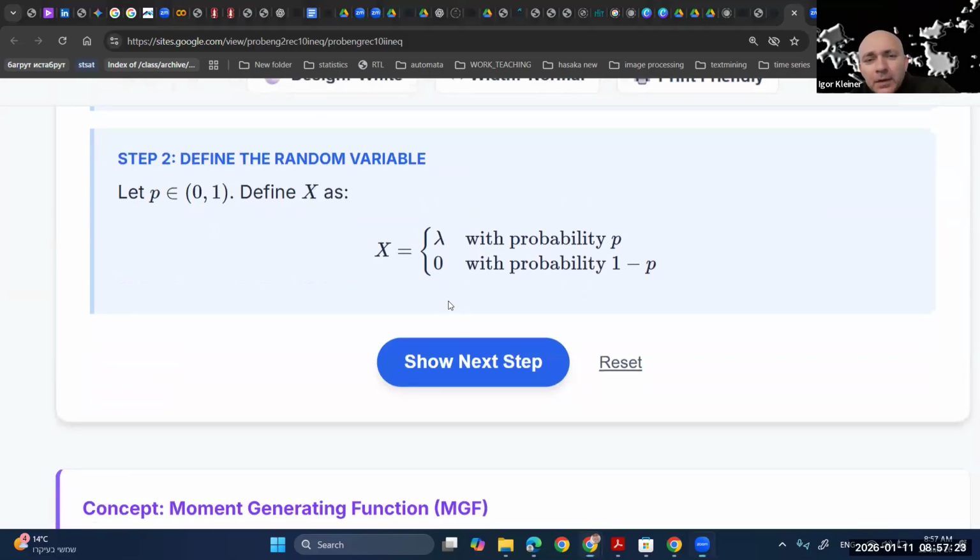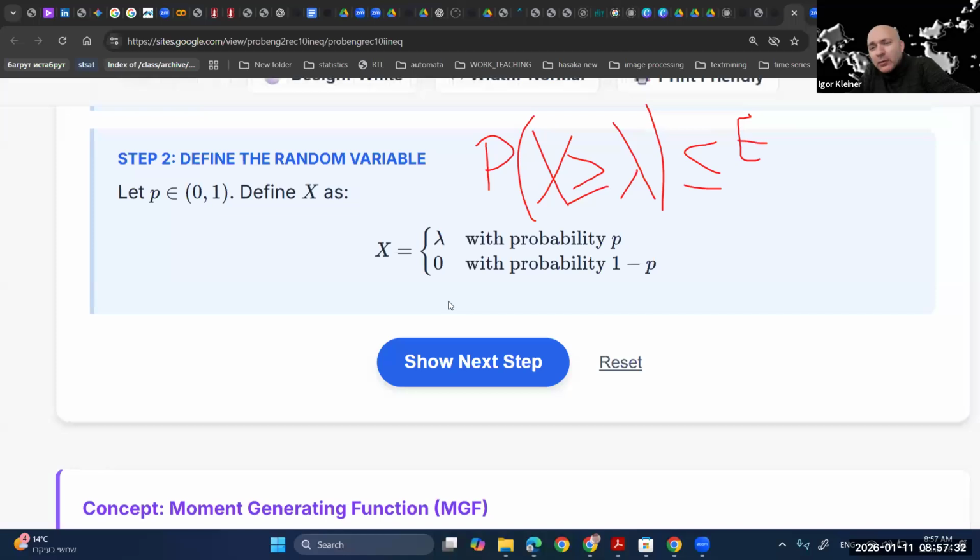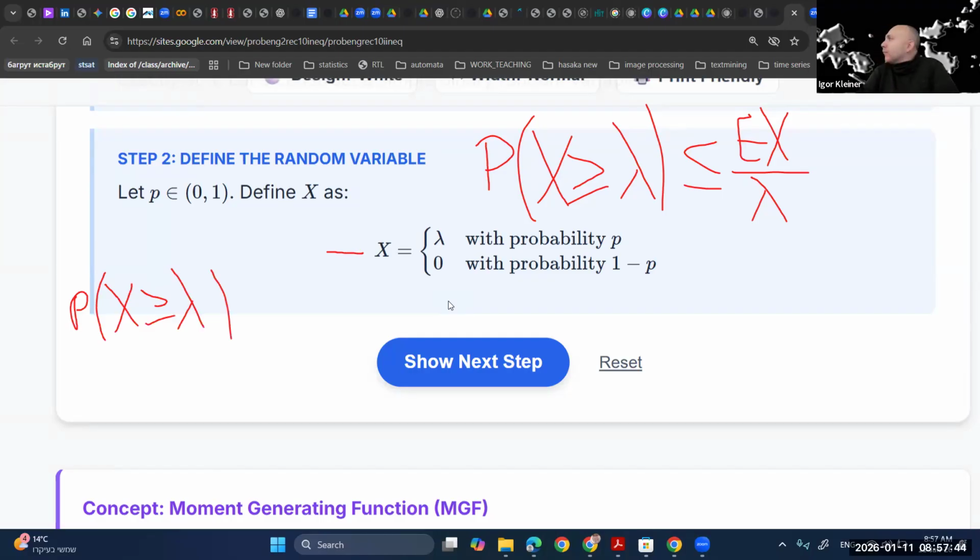Let's do it together. Markov inequality says the probability that x is greater than or equal to lambda is less than or equal to the expected value of x divided by lambda. Yes? For this random variable, what is the probability that x is greater than or equal to lambda? It is the probability that x equals lambda, which is p.